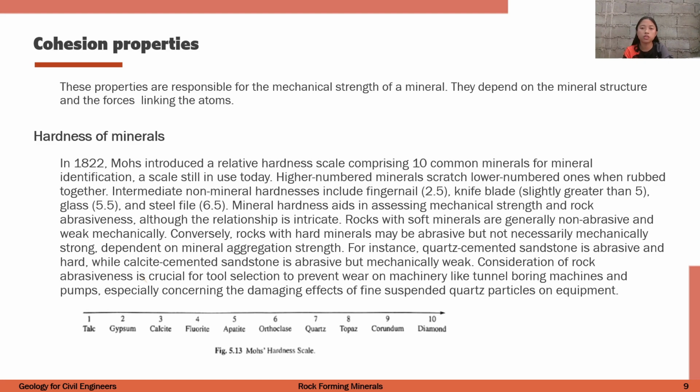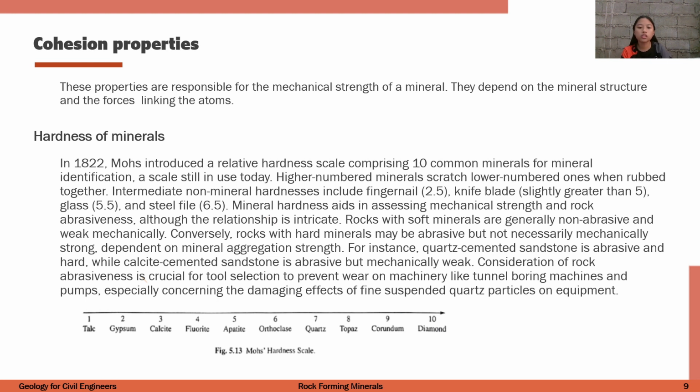So, gina-rate niya kung unsa ka gahi ang isa ka mineral. And as we can see in this figure, 5.13, may numbering siya 1 to 10. Number 1, which is talc, is the softest, and number 10 is diamond, which is the hardest.